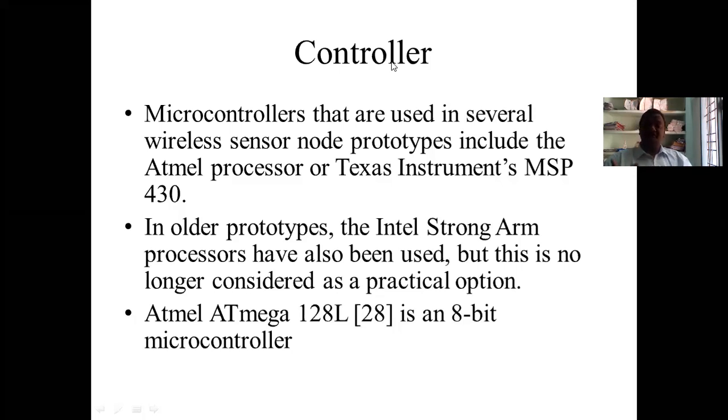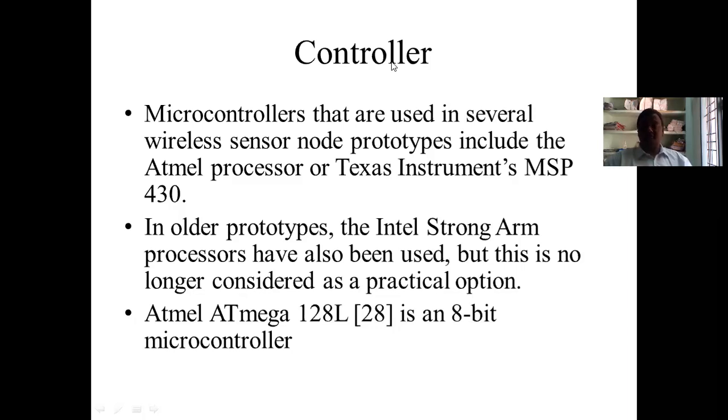So what are the different types of controllers available? Number one, you already know, up to your class, the 8051 microcontroller is there, and the next one the ARM processor, next one the DSP processor, ASIC, and next one FPGA. DSP is not preferable because it is used for broadband communication.